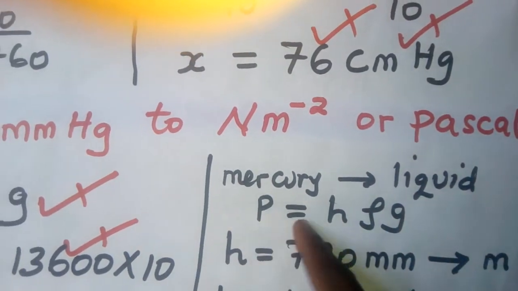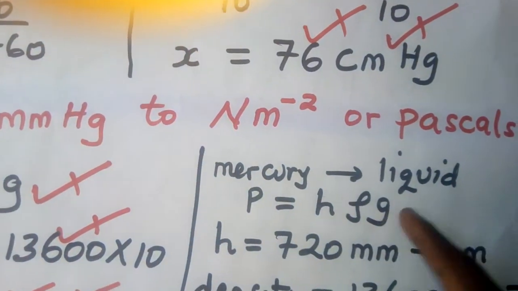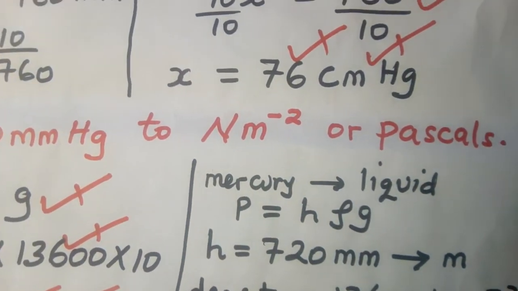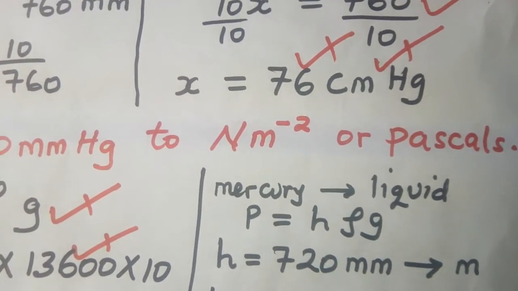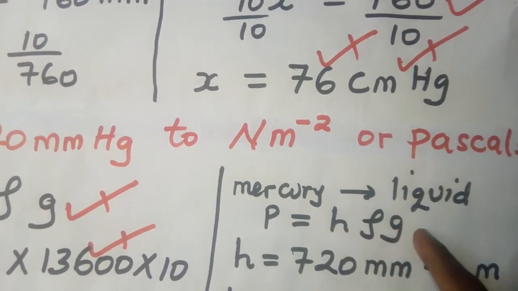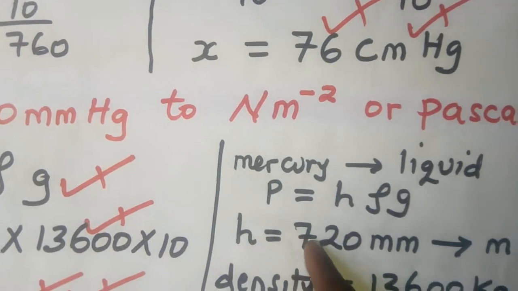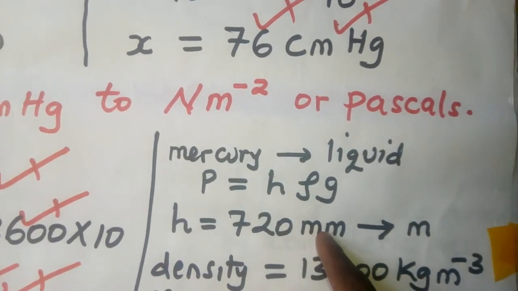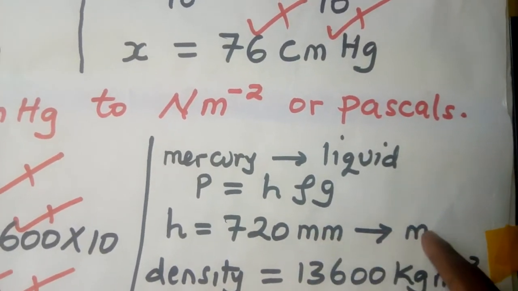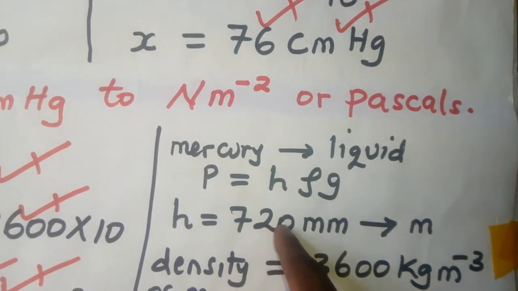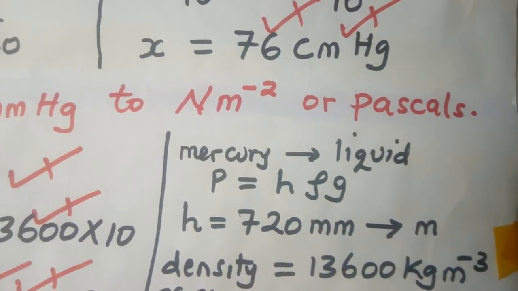That's why we are using this formula. Pressure is h rho g, because that is the formula for pressure in liquids. The height we have been given is 720 in millimeters, and here the SI unit is meters. So you should change the millimeters into meters.